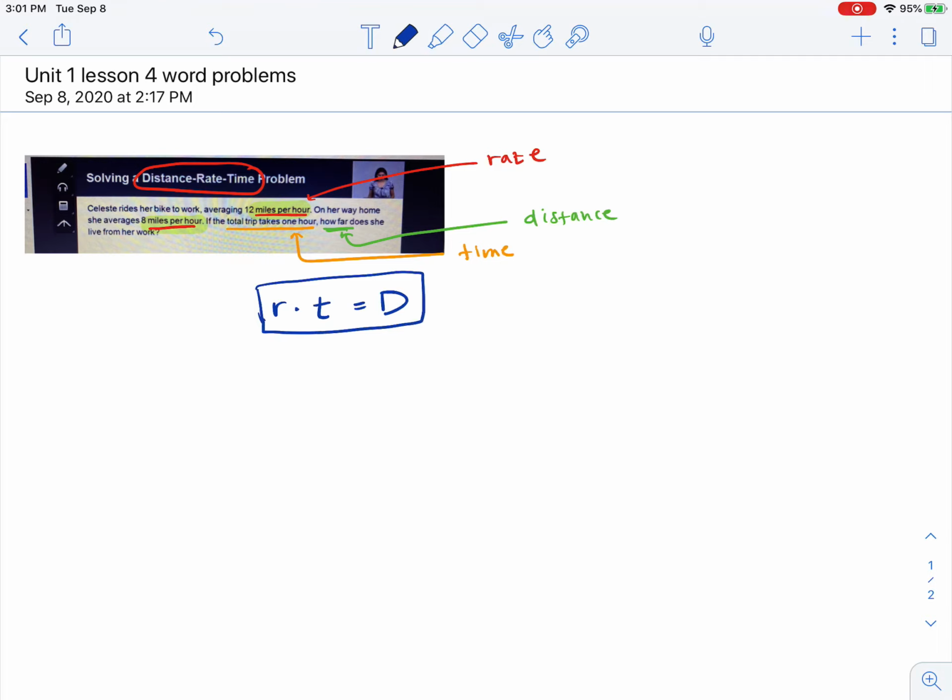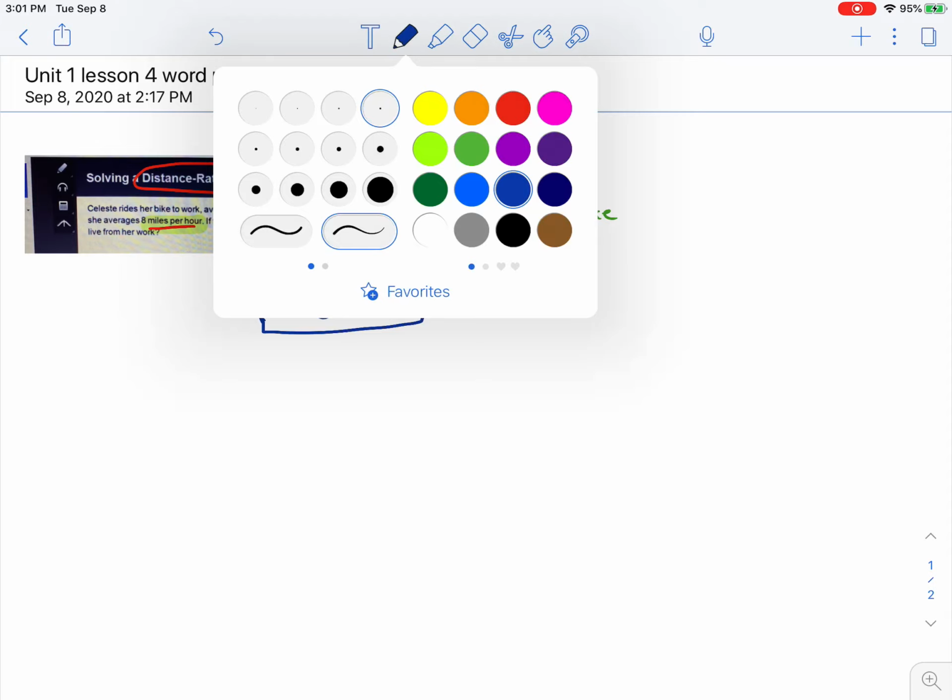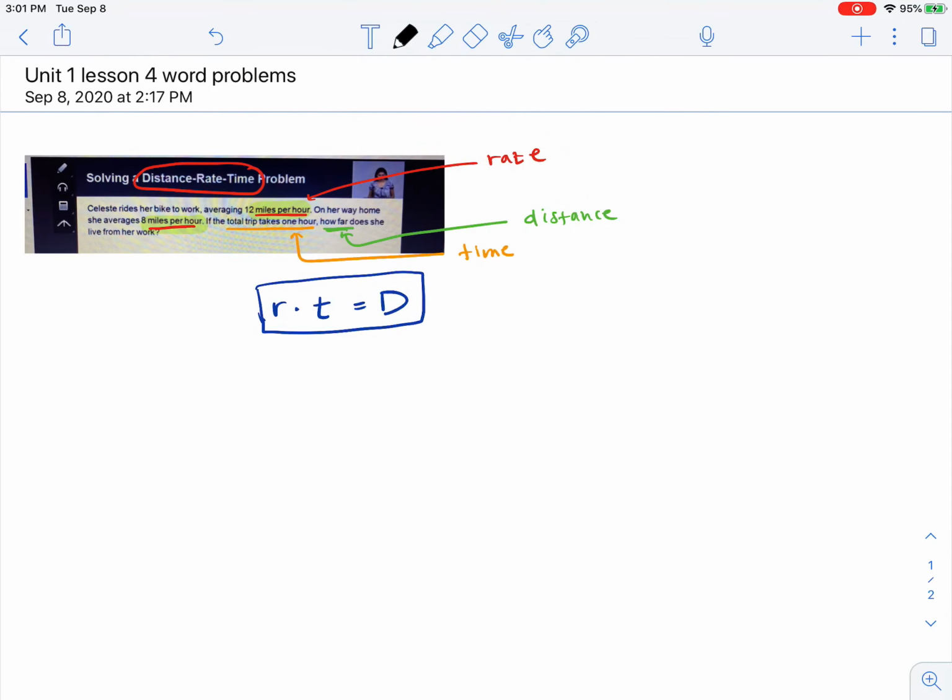However, although we have one equation, we're actually calculating two different things. We're calculating when Celeste rides her bike to work. So that's the first scenario. And then it mentions that on her way home, she averages 8 miles per hour.